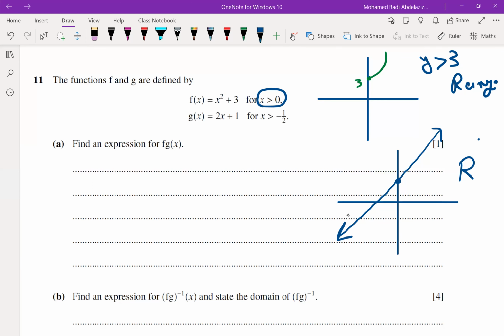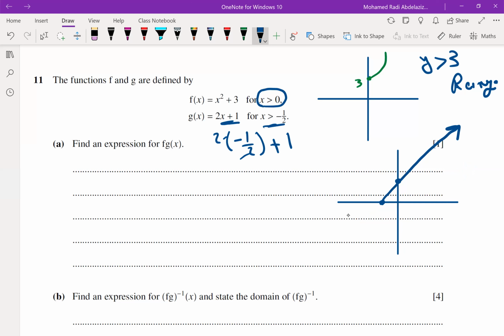So I will remove the curve and start again. I know it's a straight line, but it starts where x is equal to negative half. When you substitute 2 times negative half plus 1, the answer will be 0. So negative half and 0. Then draw the line. Now, what is the domain of the given function?